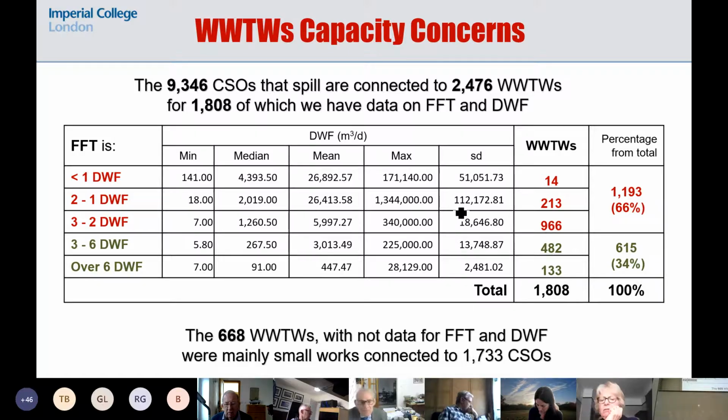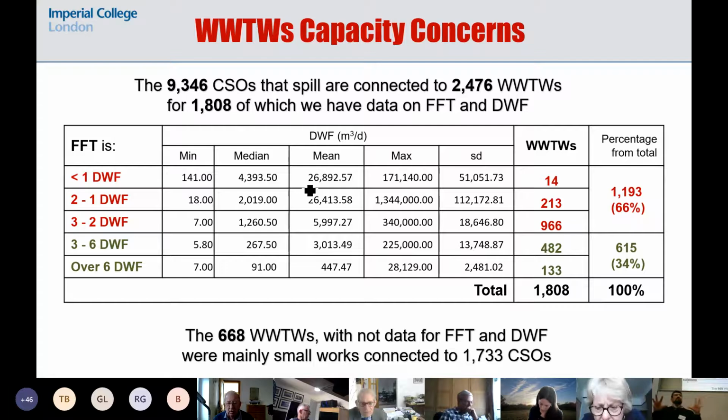Now, the interesting thing is that dry weather flow is also an indicator of how big the plant is, because the bigger the dry weather flow, the larger the flow it accepts, the more people it serves, right? So you can see here a trend in the mean. Over 6 dry weather flow are very small plants, 447 cubic meters per day, and you can see 3,000, 5,000, 26,000, 36,000. So the bigger the plants, the less capacity they have, right?